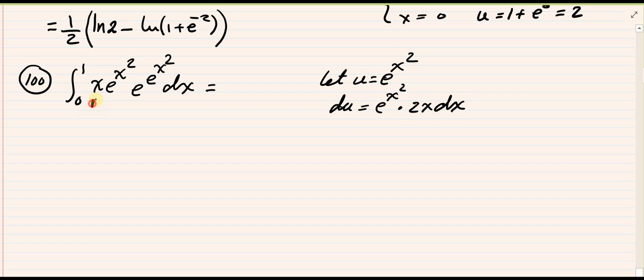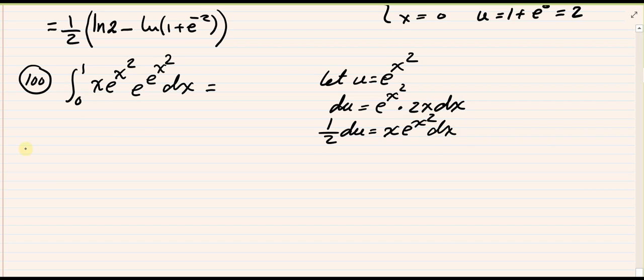And of course we have x, we have dx, we have almost the whole part. So if I divide by 2, I get exactly what's in the radicand. That would be x e to the x squared dx. And that's what we want.